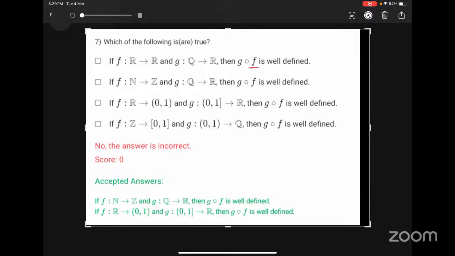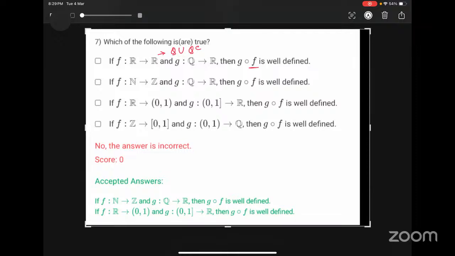R means Q union Q complement, that means rational union irrational. So the image of f can be irrational also. So if I take a number from the real line, the image of f is irrational.